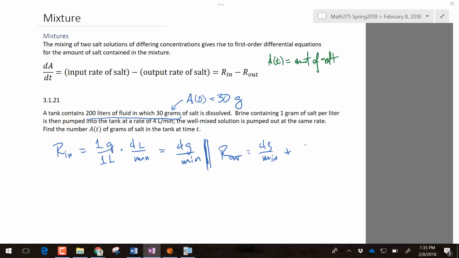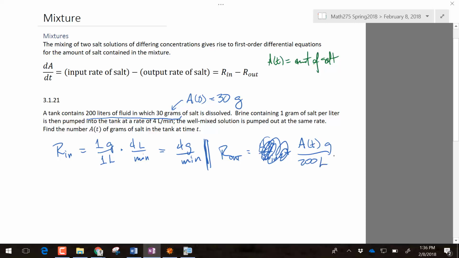So the actual amount, well, the amount is changing. So I think what we actually have is the amount at some particular time t, because it'll change, in grams per liter, for 200 liters because that's how much is in there.